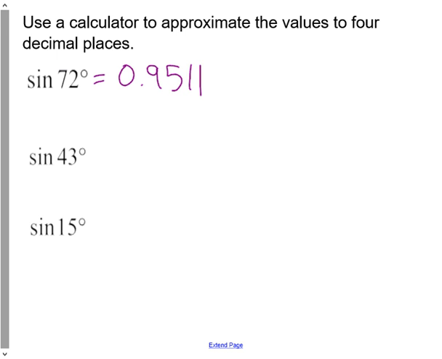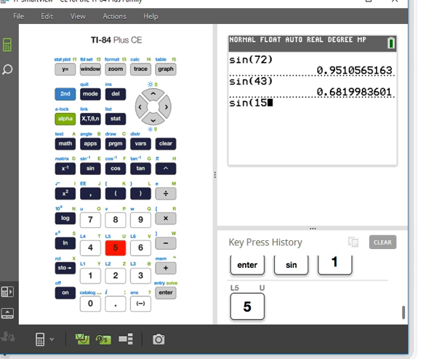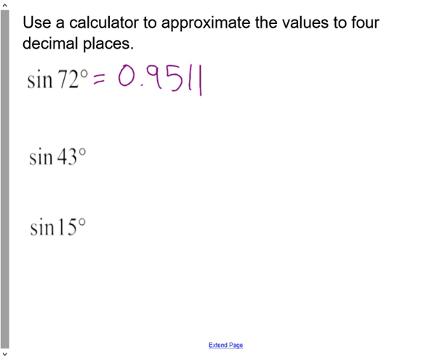Sine of 43 and sine of 15, we'll type in shortly here. 0.68199. So as a reminder, with this 0.68199 for our rounding, we only need 4 decimal places. Since this 19 rounds up to 20, it rounds to 0.6820.